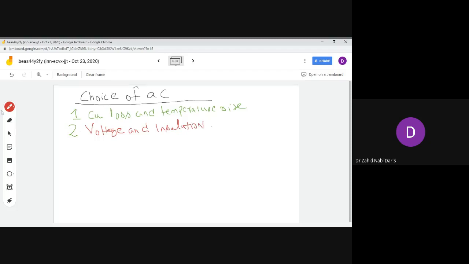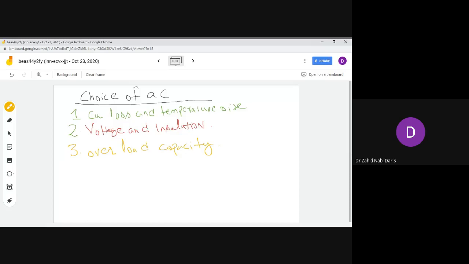And of course the final factor involved here would be your overload capacity that we also saw yesterday. So these are some of the important parameters in the induction motor.